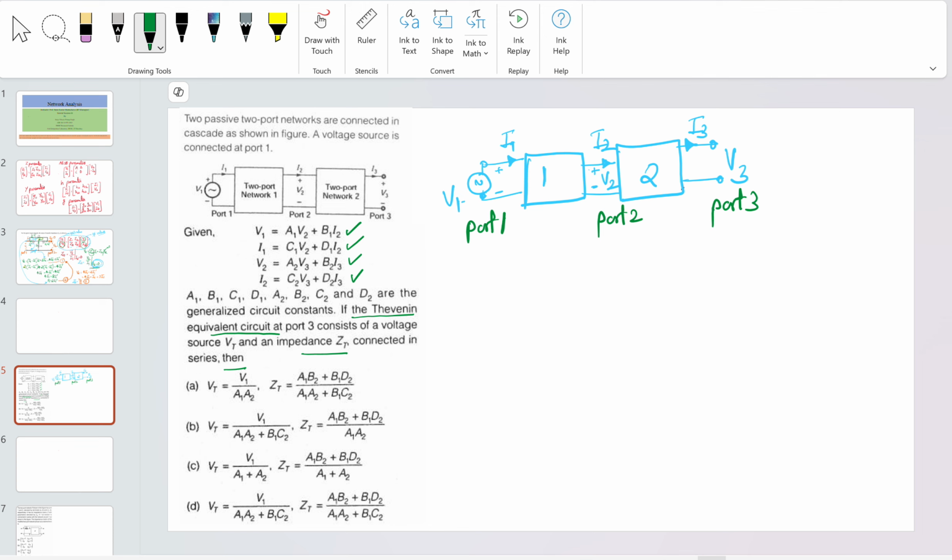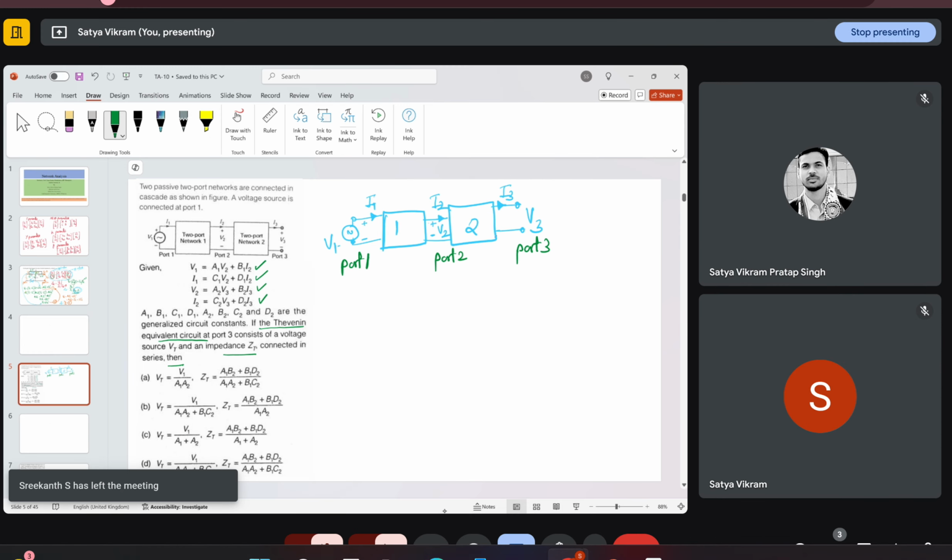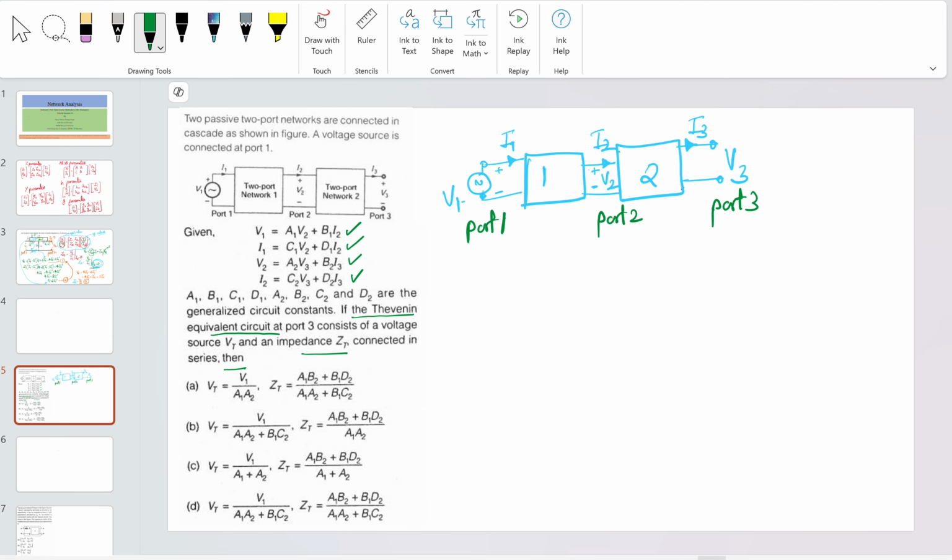Try to solve this, and let me know if you have any doubt. So this is port 1, port 2, port 3, and you have to solve for the ZT and the VT.